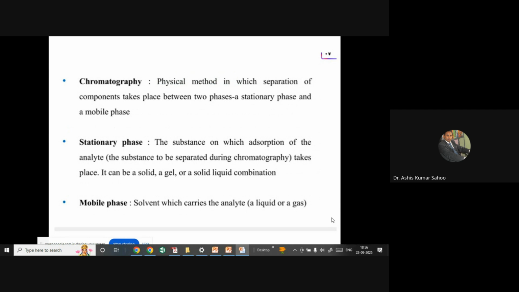The stationary phase is the substance on which adsorption of the analyte takes place during the chromatography. It can be solid, gel, or a solid-liquid combination. The mobile phase is the solvent which carries the analyte. So we have two phases, stationary and mobile, and the mobile phase is always a solvent.